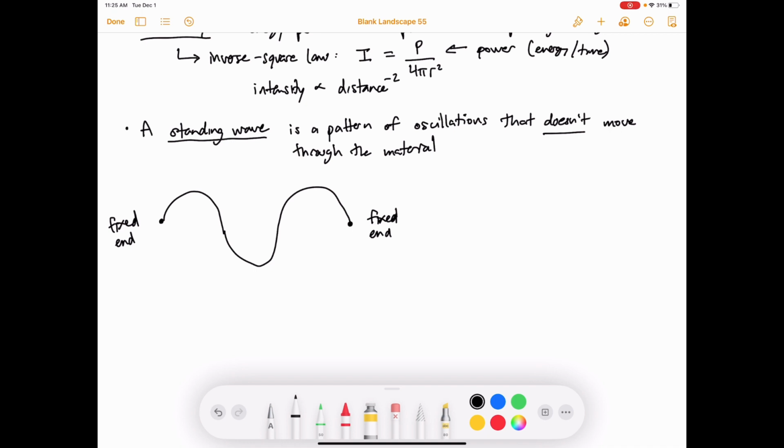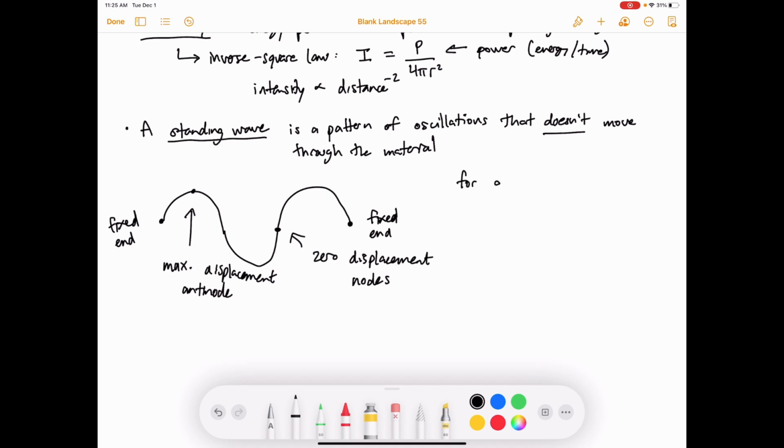We call the points of maximum displacement the antinodes. And then we call these points over here of 0 displacement nodes. Okay, and you have nodes and antinodes across the string.